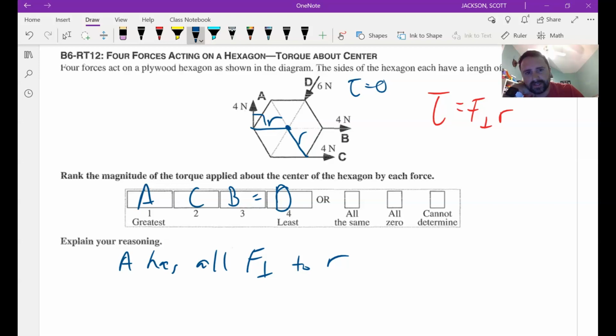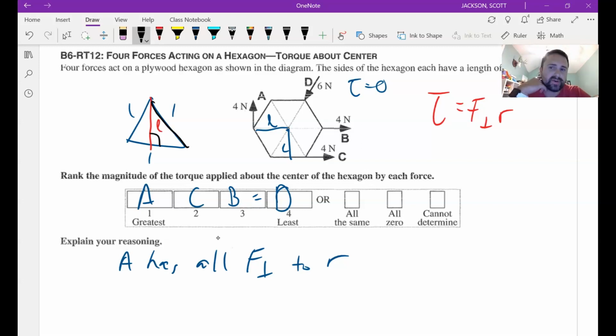Let's show you lastly the other one, if you wanted to solve it with the trig and you were comfortable with that. So remember, that's the lever arm there, and that's the lever arm there. So it says these triangles, each side is 1 meter. So we can see for A, it's 1 meter as the lever arm. C, this is the lever arm. Well, again, this is the hypotenuse.